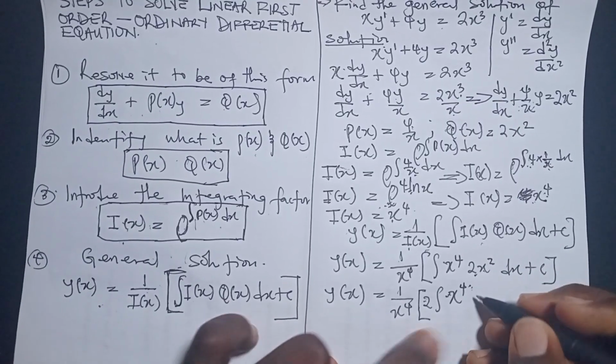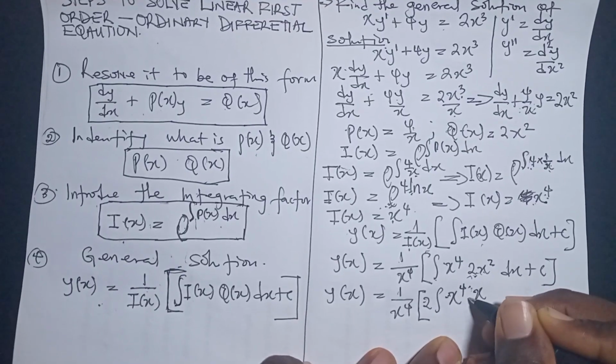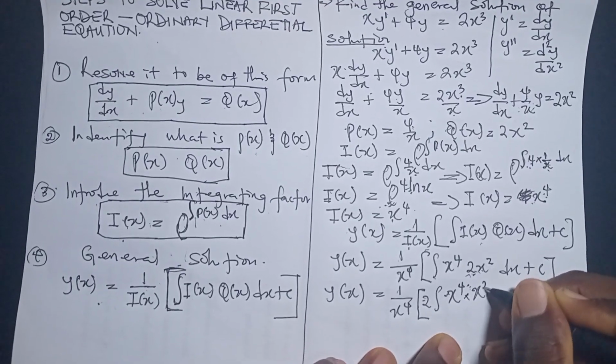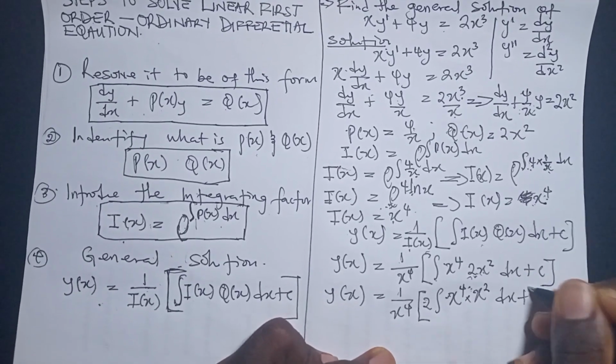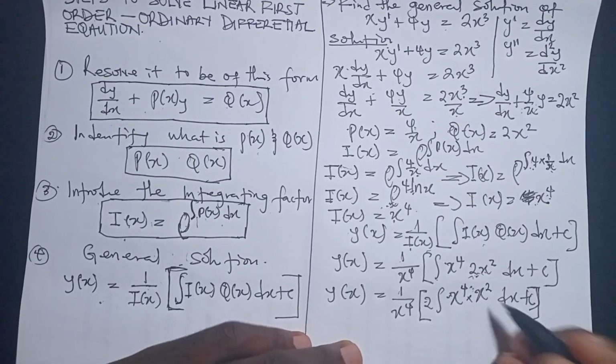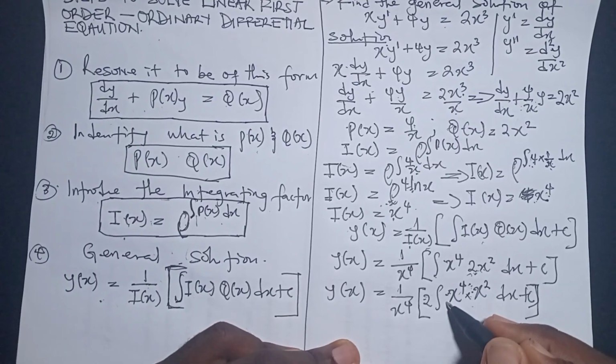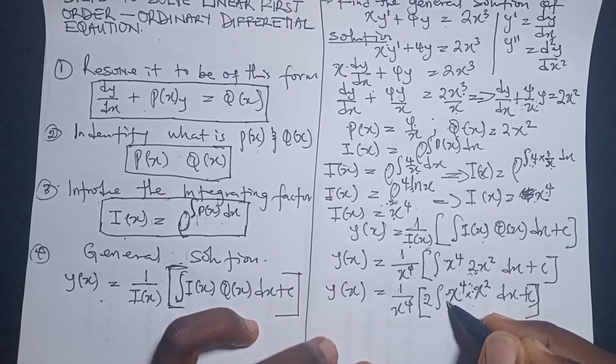If you use the law of indices here, after this 2 is out, there is x here, times x plus c. So now this will be x raised to power what? 6. To be x raised to power 6.